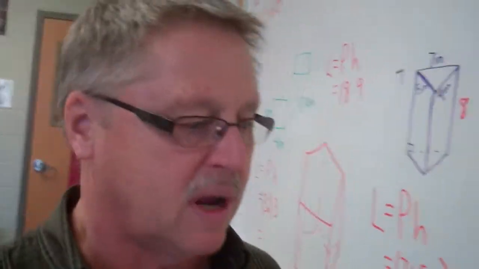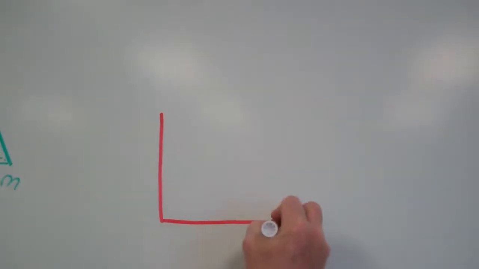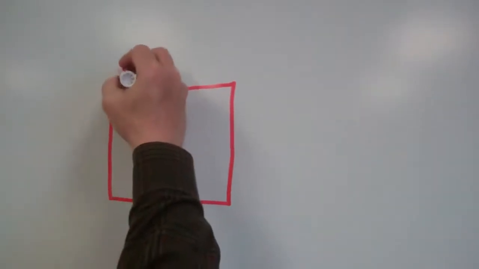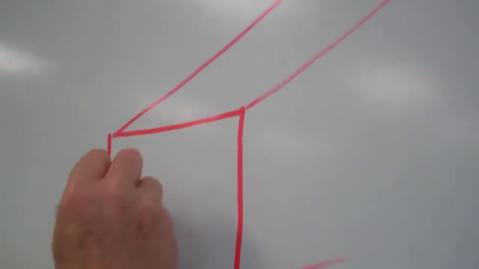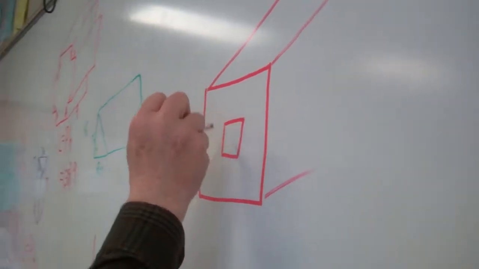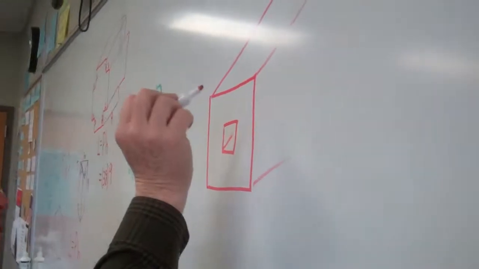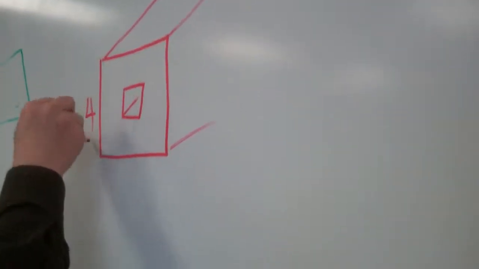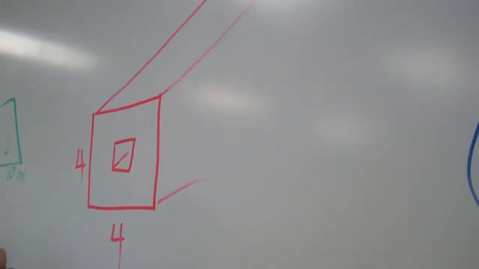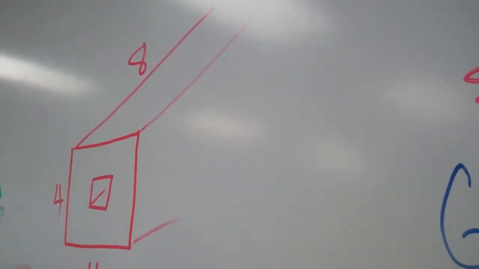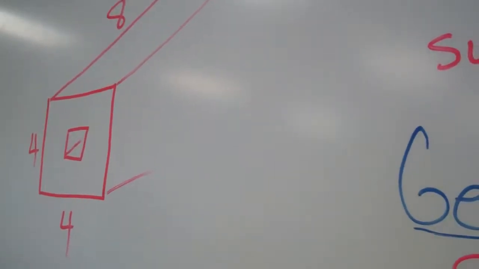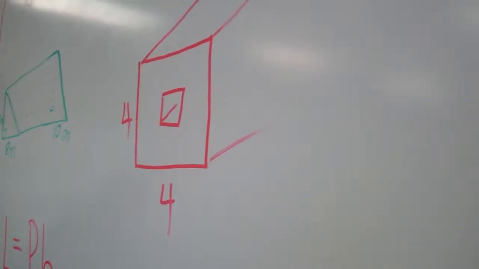Then the next one has a hole in it. Let's slide over here, Matt. I have some space. It's like a beam with a hole in it. It's a 4x4 beam that's 8 feet long, and it has a hole in it. I'm going with Shelby.